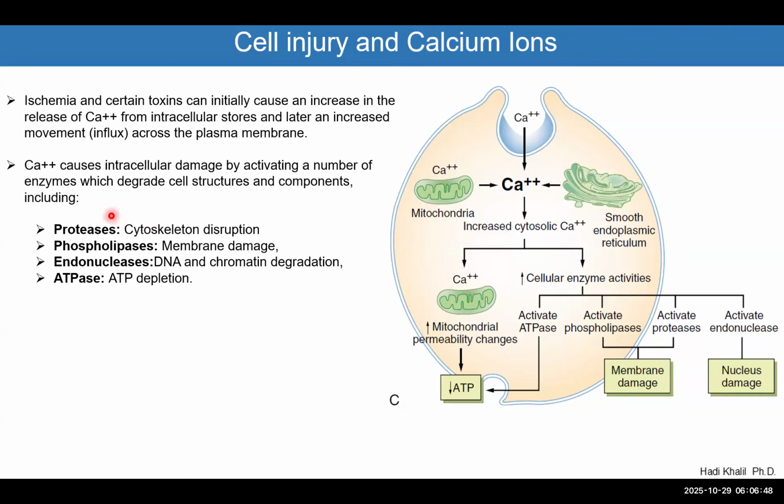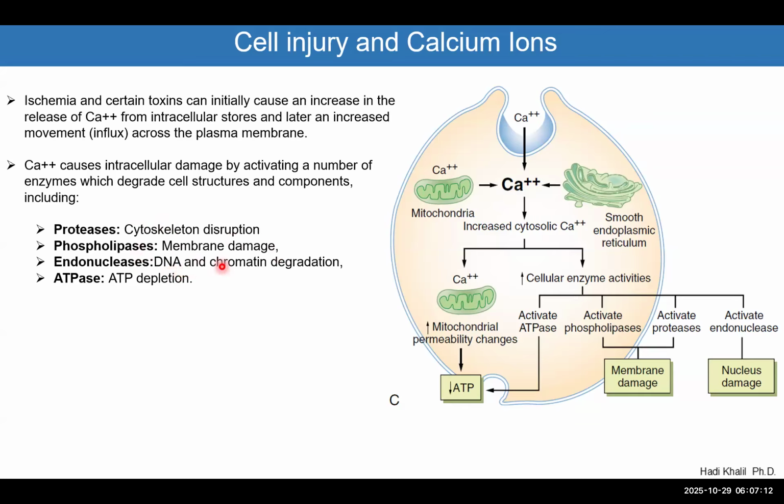Okay, so the proteases, I'm just going to give you an example here, could break the cytoskeleton. So all the actin filaments, which keep the integrity of the cell so it doesn't collapse, and the contractility and all that. Imagine those are broken. Phospholipases, membrane damage.